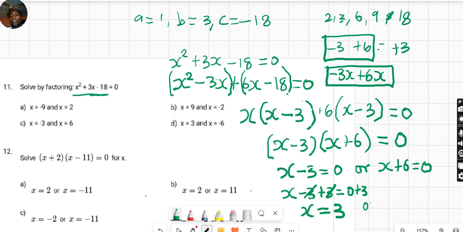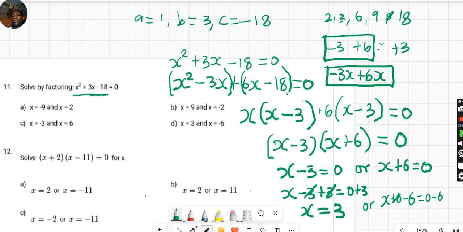Or here, x plus 6 is equal to 0. What do we do to make x stand alone? We subtract 6 from both sides. So we have x plus 6 minus 6 is equal to 0 minus 6.